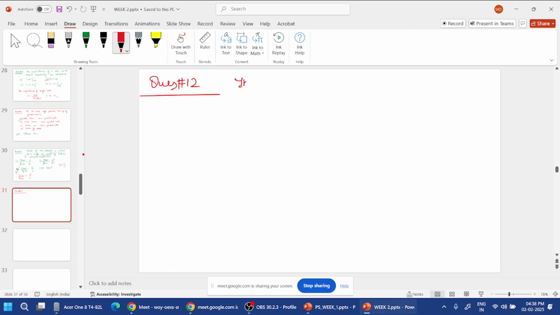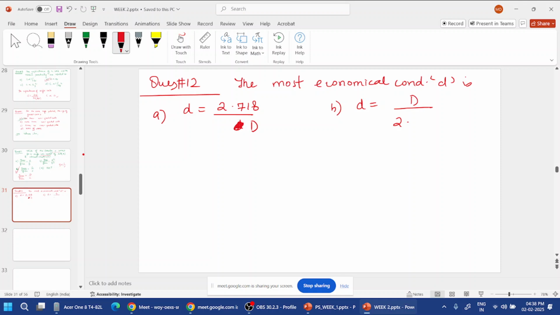The most economical conductor diameter d is equal to: A, 2.718 by D. This is a continuation of the same question. B, D by 2.718, and C, d is equal to 2.718 D. D, none of the above. So give me the answer.